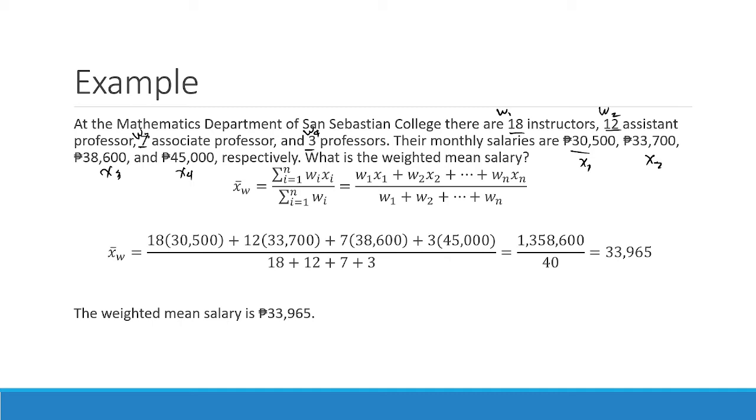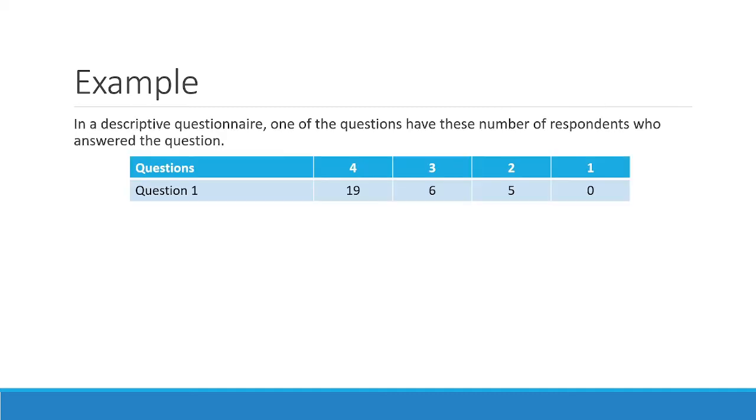So that is one of the examples of our weighted mean. Again, as I said earlier, we can use that in descriptive questionnaires, wherein one of the questions has respondents who answered the question. As you can see here, we have our weights, W1, W2, W3, and W4.